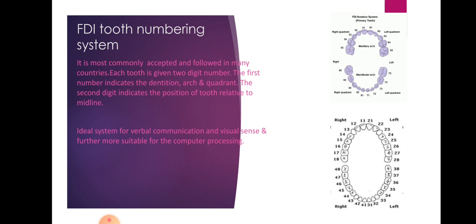For example, the upper right third molar is named as 5 in primary dentition, and in secondary dentition it's named as 1/8. So each quadrant is given a number, to avoid confusion and to have a clear idea about the quadrant and where the tooth lies.